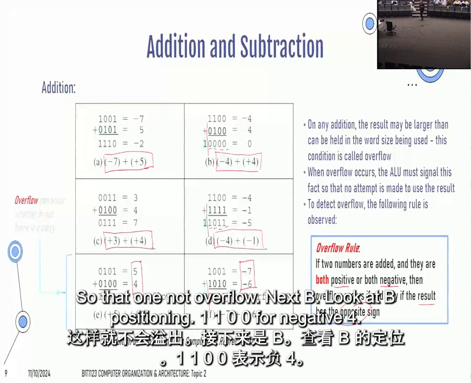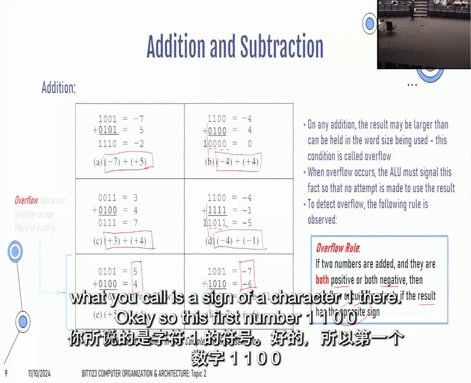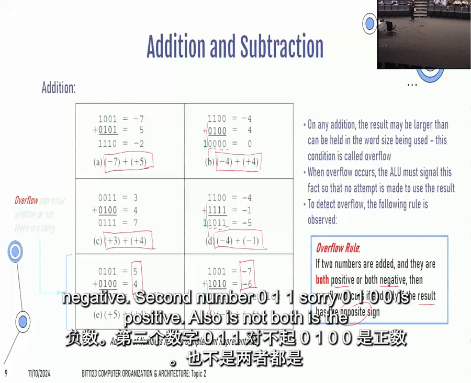Next, B. Look at B, 1100 for -4. 0100 is 4. So we understand in binary 100 is 4, but it's a negative. There is a sign character 1 there. So this first number 1100 is negative. The second number, 0100, is positive.